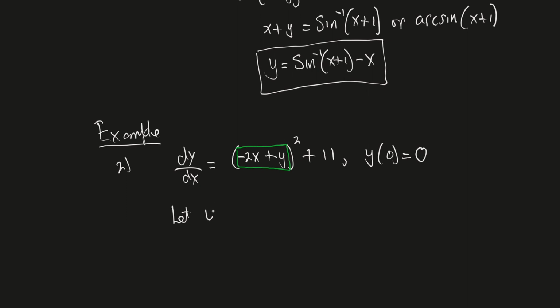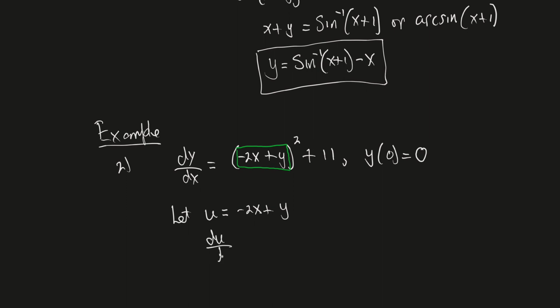So let u equal negative 2x plus y. And just like any other substitution problem, once you've identified your u, you then differentiate it, with respect to x.